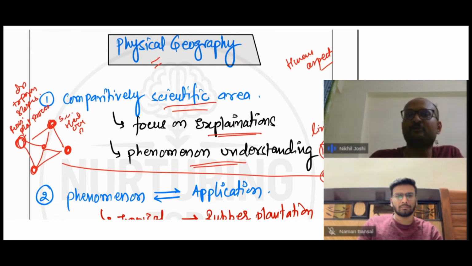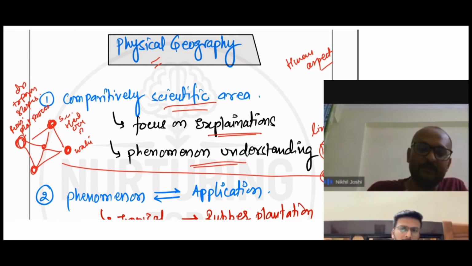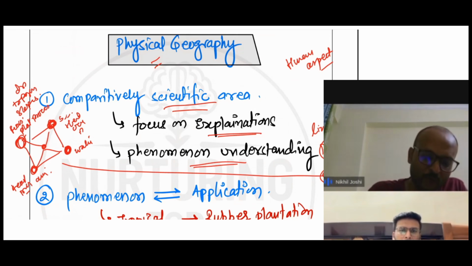Similarly, in the hydrosphere you would have water, and in the atmosphere you would have temperature, pressure, air masses, etc. And there is how humans are impacting all of them together. So the lithosphere, the atmosphere, the hydrosphere, and the biosphere.